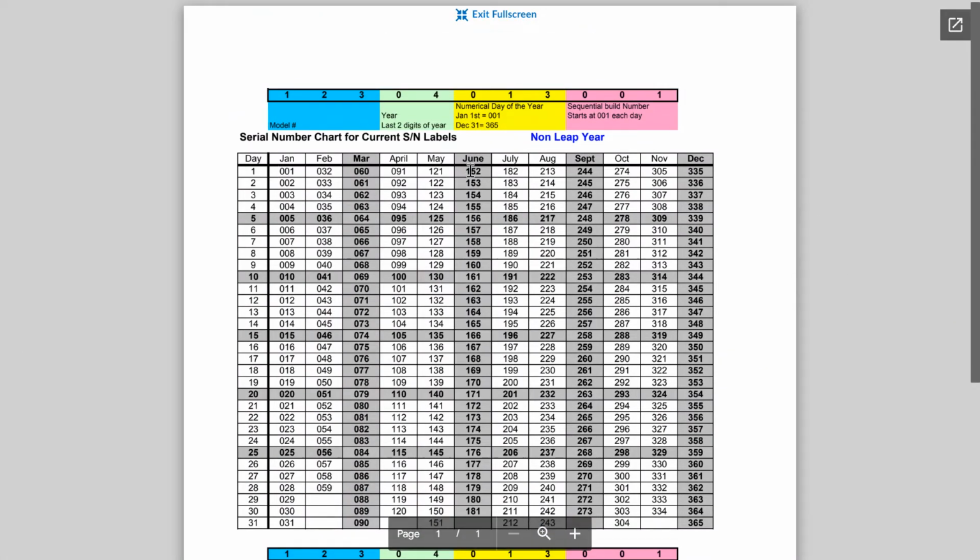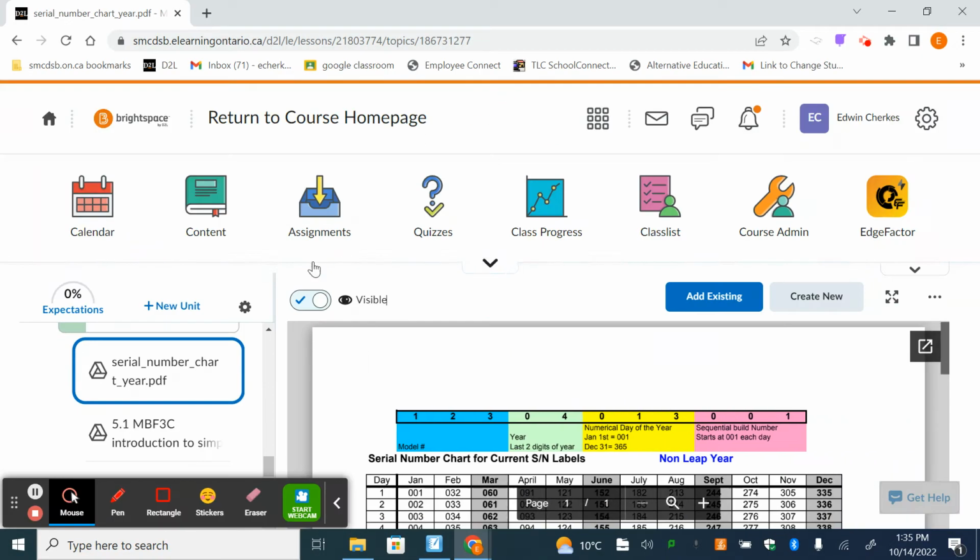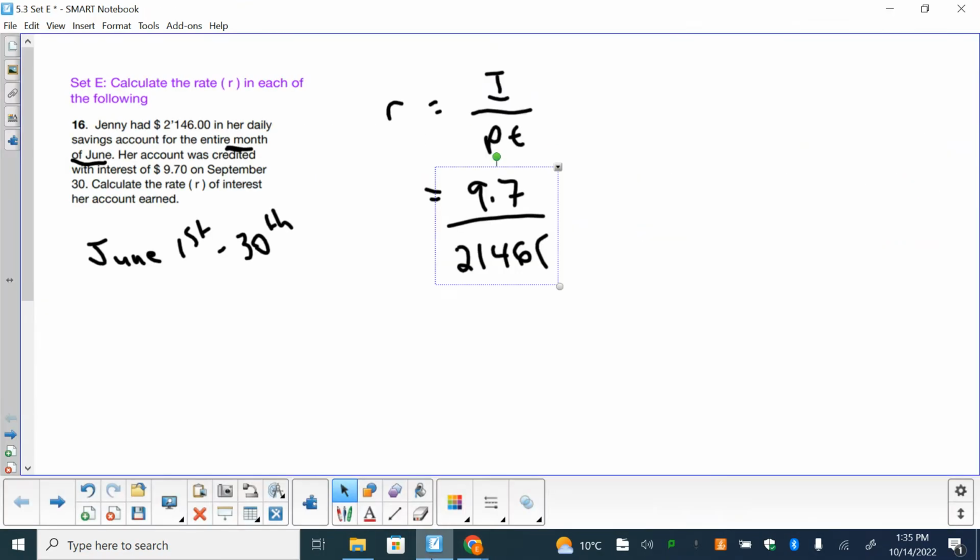So day one, so June 1st, 152, and then June 30th is 181. Okay, so 181 and 152, those are our two numbers. So if I do 181 minus 152, we get 29 days.